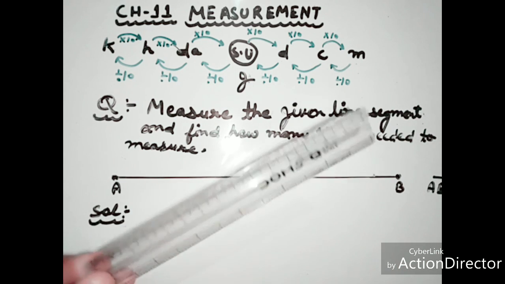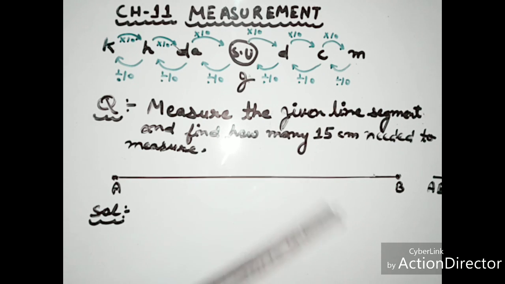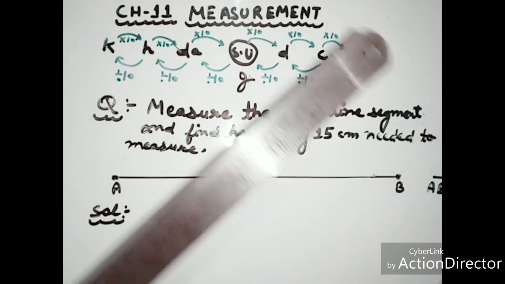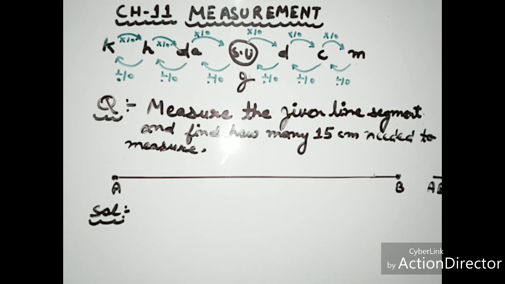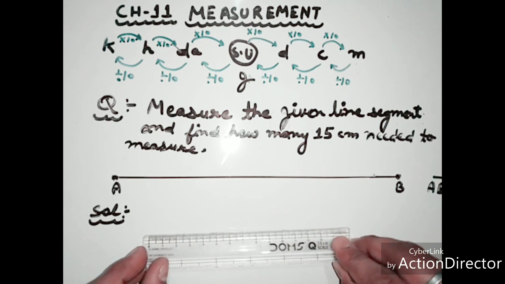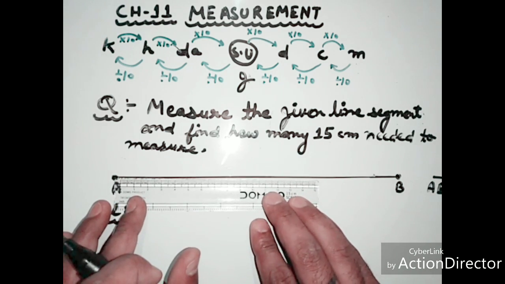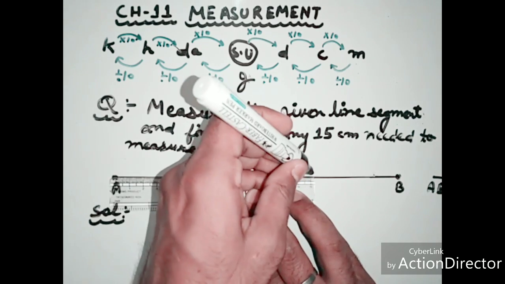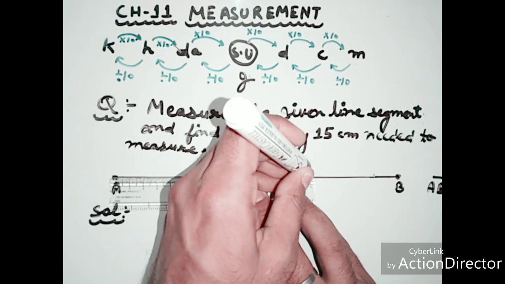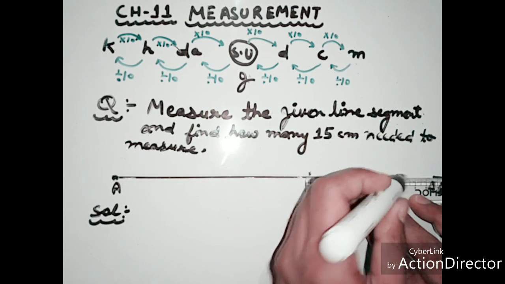So here this is a 15 centimeter scale and this is 30 centimeter scale. So now we use this 15 centimeter scale to find how many centimeter is this. 15 centimeter, we mark one point here, plus 7.5.